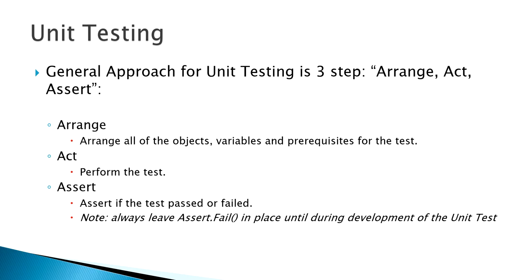Leave it there until you're finished with all the arranging and all the definition of the act and so on. You never want to get rid of assert fail too early, because it should always be there just in case, right? It's a fallback, you might say. During development, you don't want to ever get a false positive, right? So that's a way to avoid that.